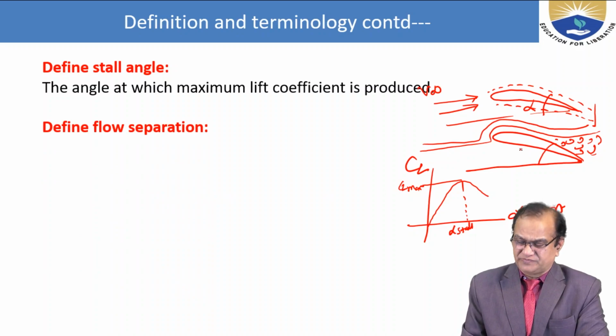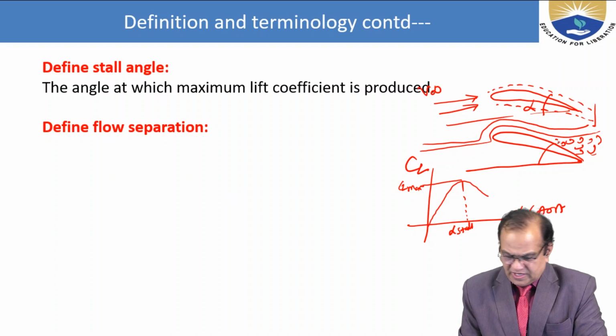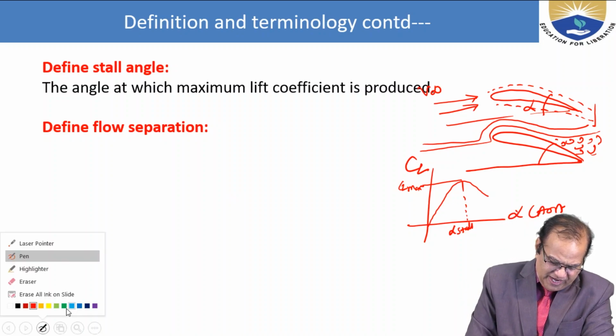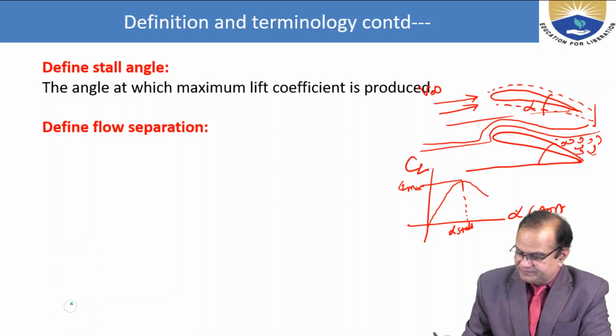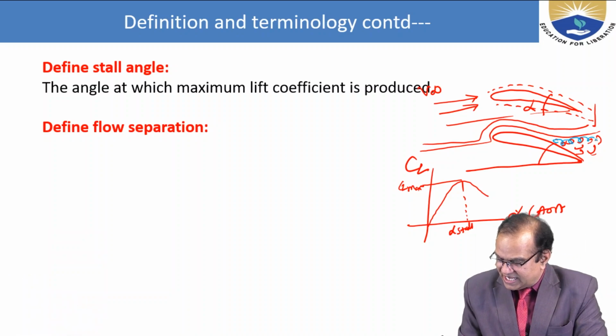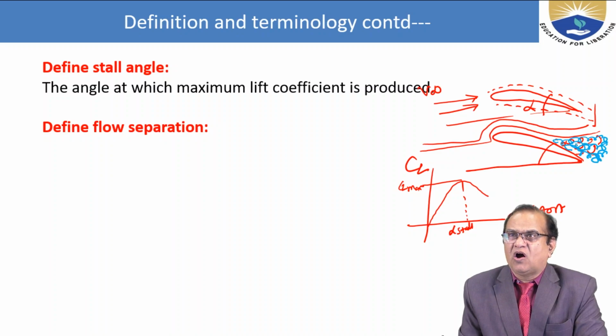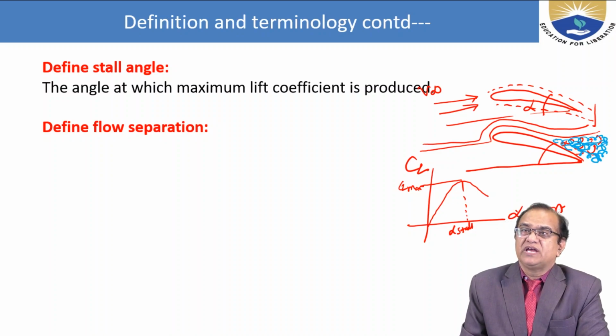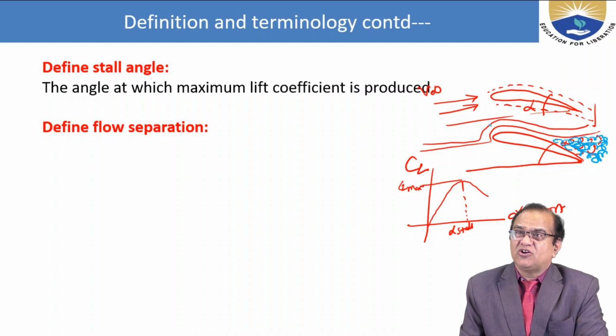So you can see here, I will put in different colors. If you see here, this area is a separated flow area and here these vortices are formed. Here we have the kinetic energy.